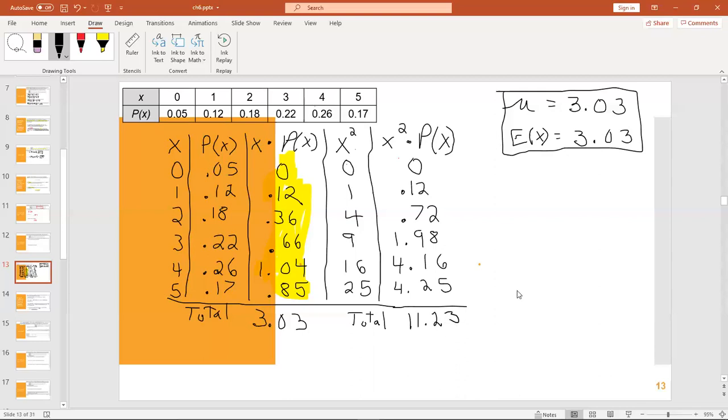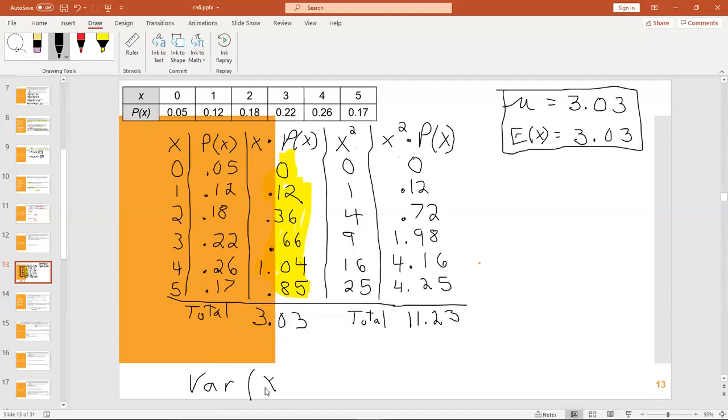So then here's what you do. To find the variance, which is var of x, you're going to take the total you just found, so it's the sum of x squared times p of x. So that's 11.23.